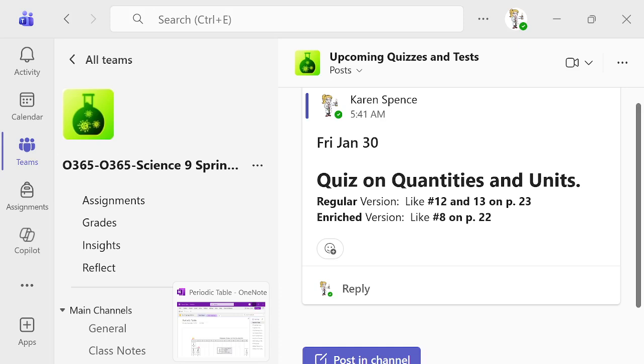Anything that is enriched is completely optional. You can get 100% in this course and never have done any enriched stuff, okay? So if you don't do it, it does not count against you, all right? If you do choose to do the enriched stuff, it counts as a bonus, okay? It doesn't count as a bonus on each individual assignment or assessment.